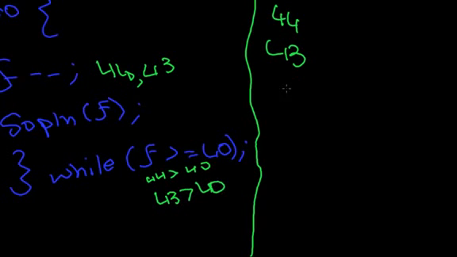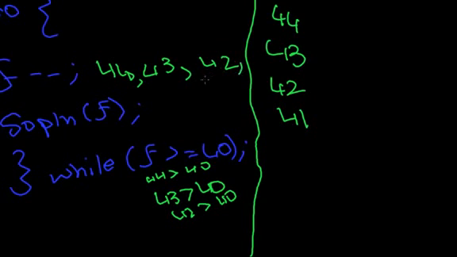Goes back, becomes 42. Prints 42. 42 is greater than 40. Becomes 41. Prints 41. Then comes down. 41 is greater than 40.